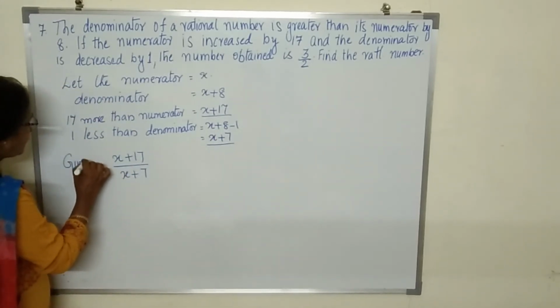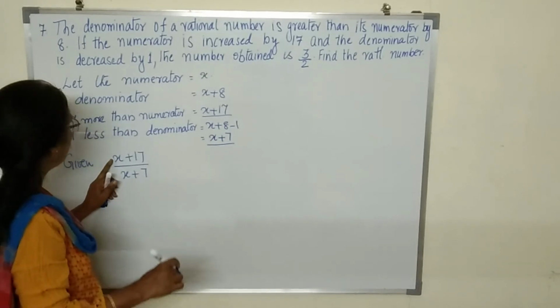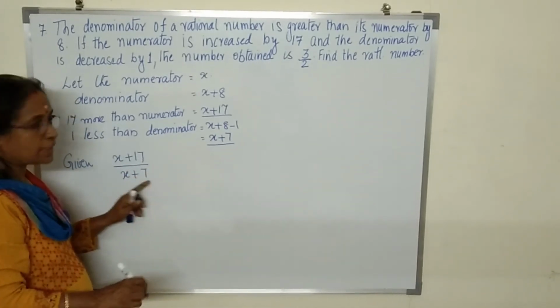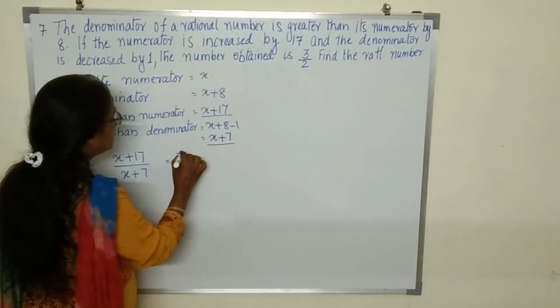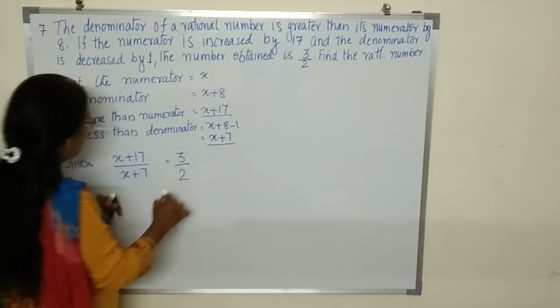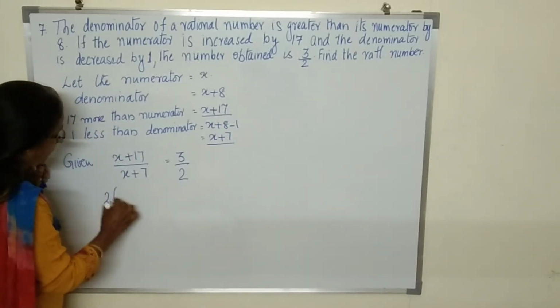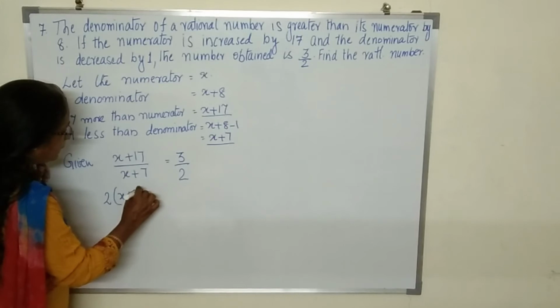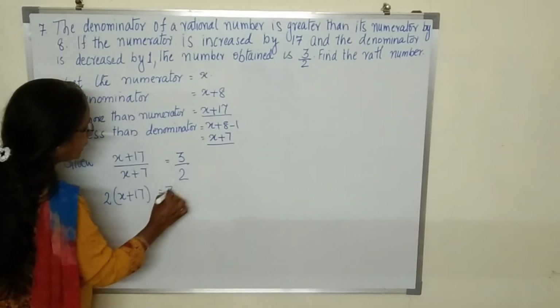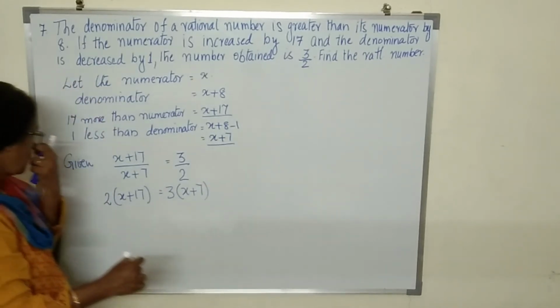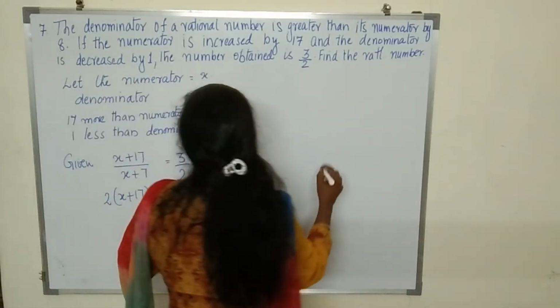Given, if the numerator is x plus 17 and the denominator is x plus 7, the number becomes 3 by 2. So let us cross multiply. 2 multiplied by (x plus 17) is equal to 3 multiplied by (x plus 7). So let us open the bracket and simplify it.